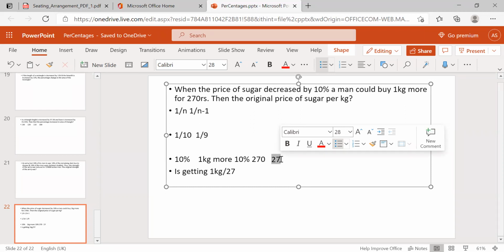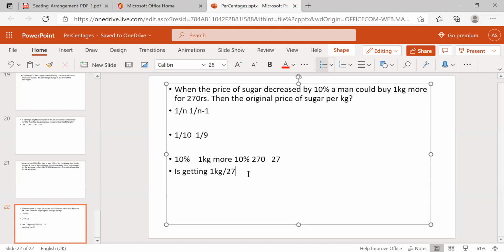But if it increases, then you need to find out the increase. So if 27 rupees is the decreased price, then the increase is 1 by 9 into 27, nothing but 3 rupees.